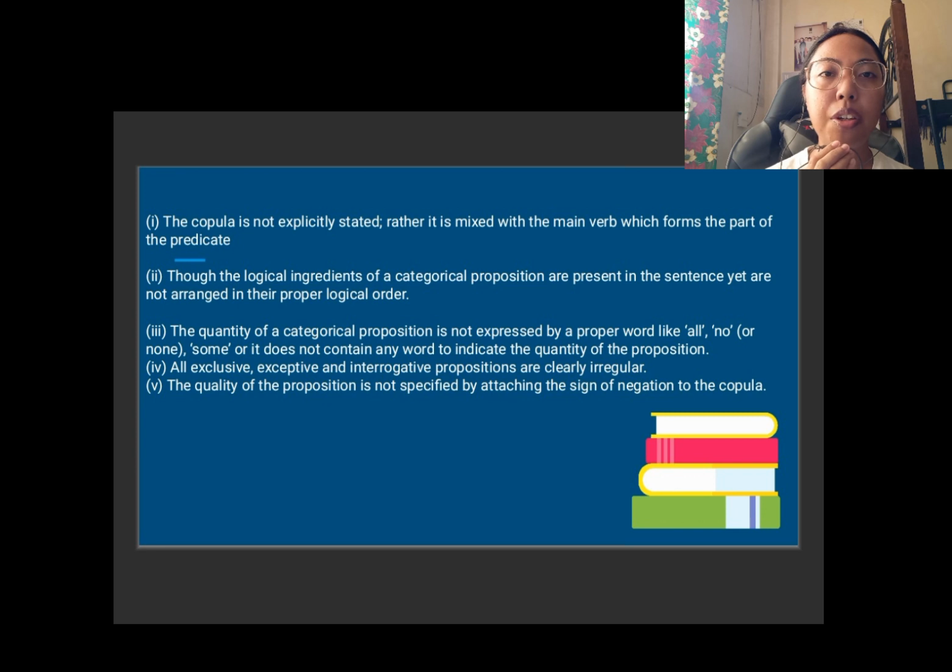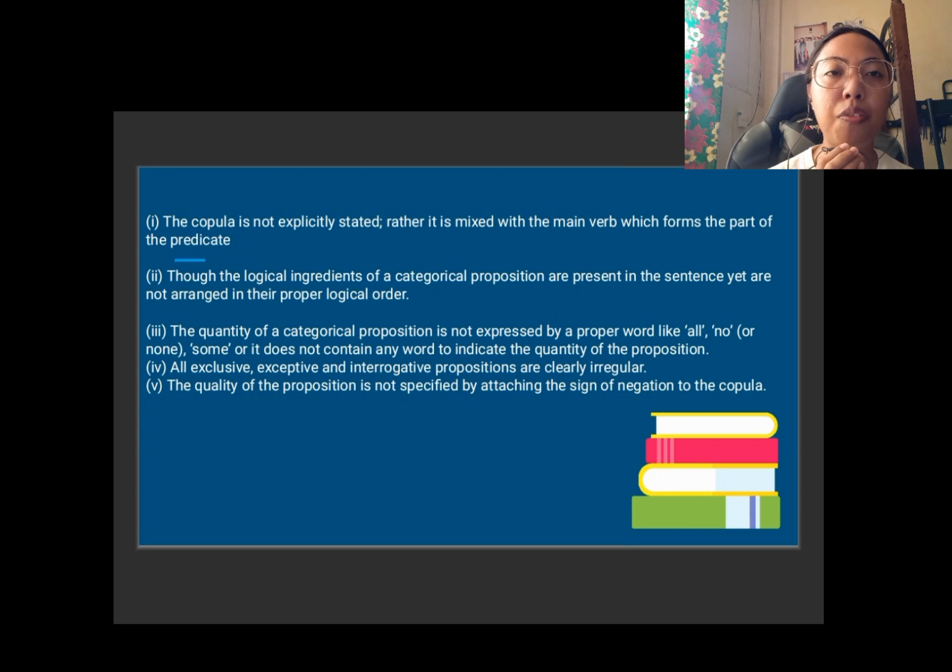Second, though the logical ingredients of a categorical proposition are present in the sentence, they are not arranged in the proper logical order. Third, the quantity of a categorical proposition is not expressed by a proper word like all, no, none, or some, or it does not contain any word to indicate the quantity of the proposition.